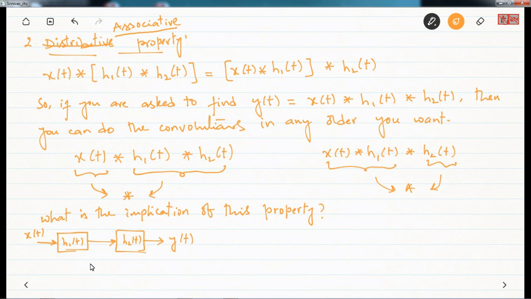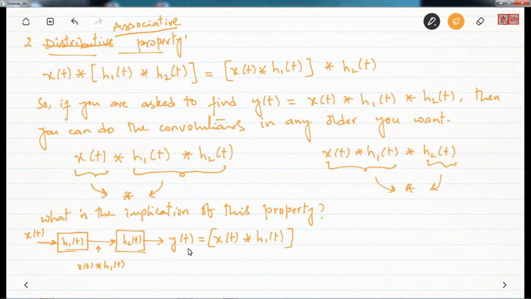So what is y of t? Here you get x of t convolved with h1 of t, and this signal is the input to the next linear time invariant system having its impulse response h2 of t.